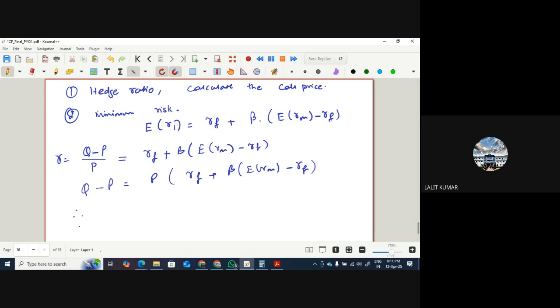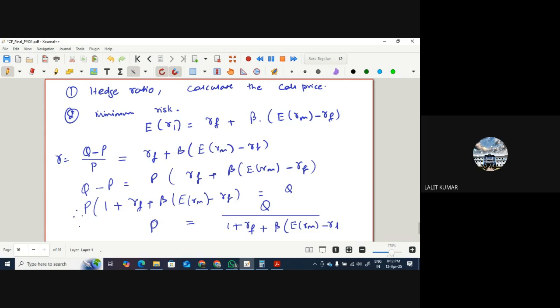Therefore, your P, if you bring it here, will become 1 plus RF plus beta (ERM minus RF) is equal to Q. And then this is the formula for the price of the stock. This will become Q divided by 1 plus RF plus beta into (ERM minus RF). This was the formula.